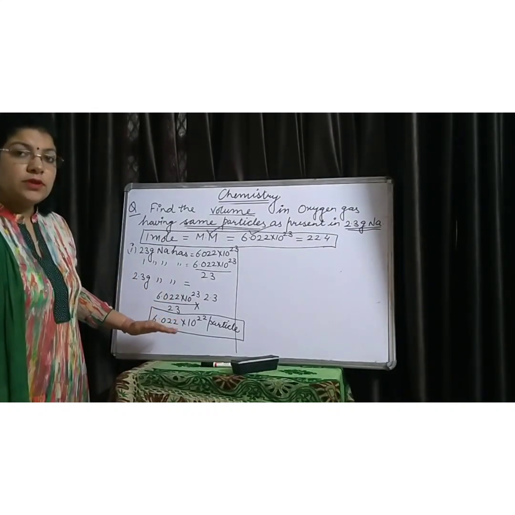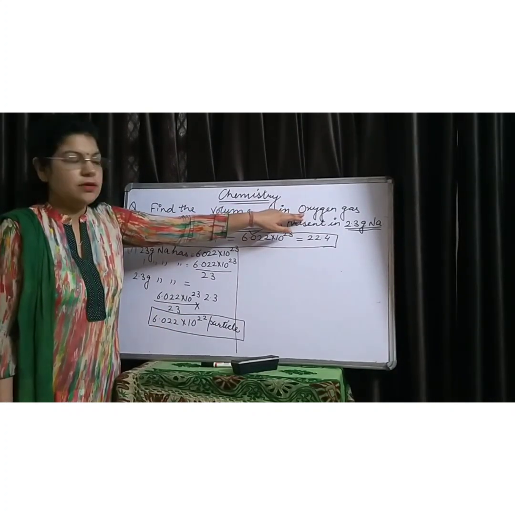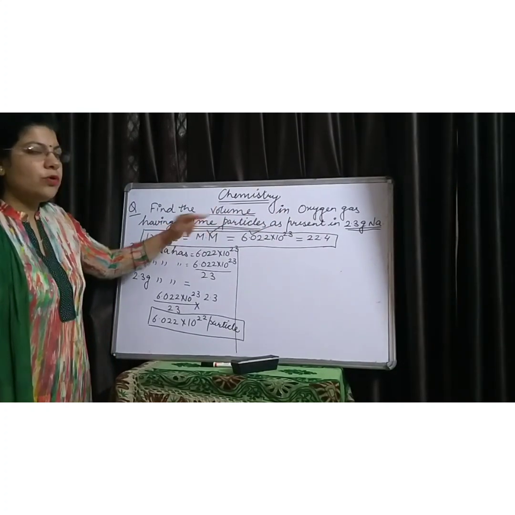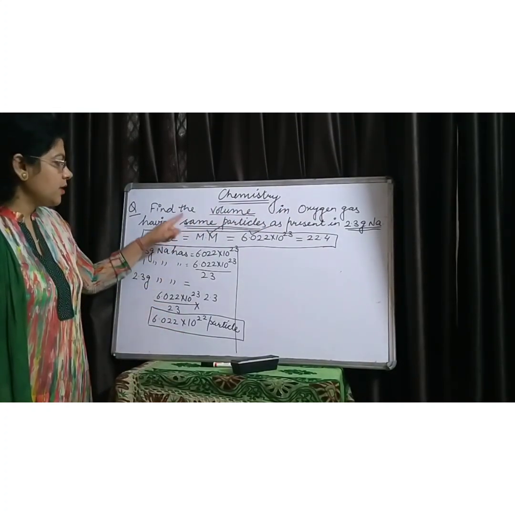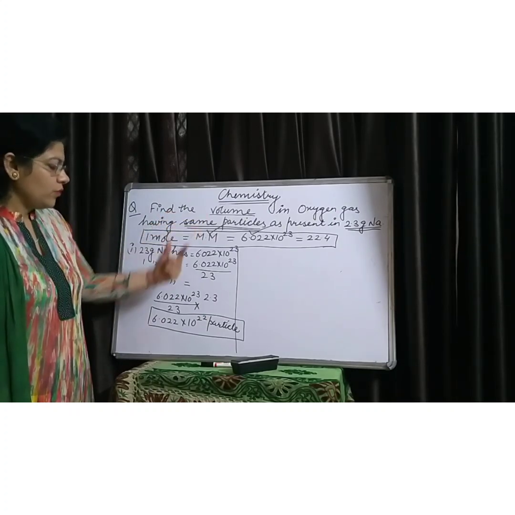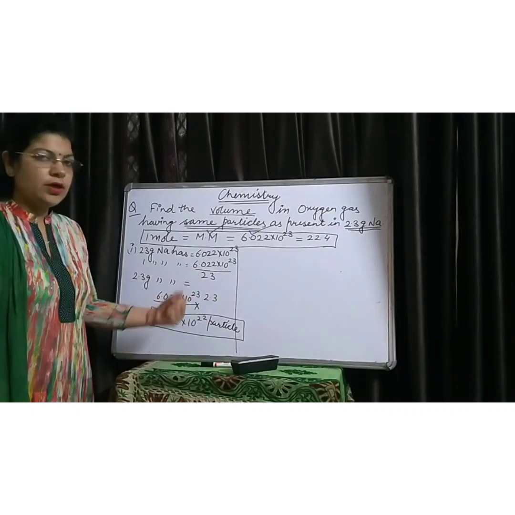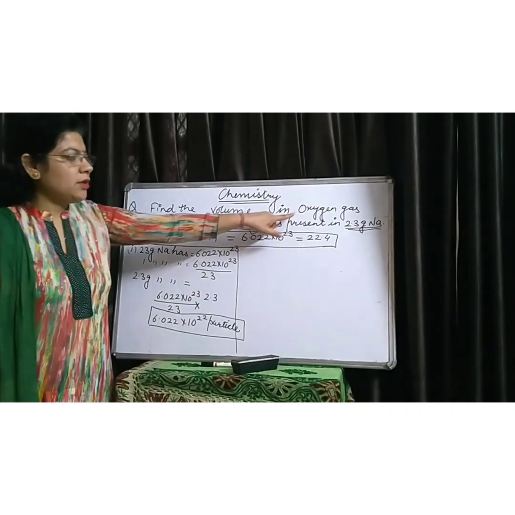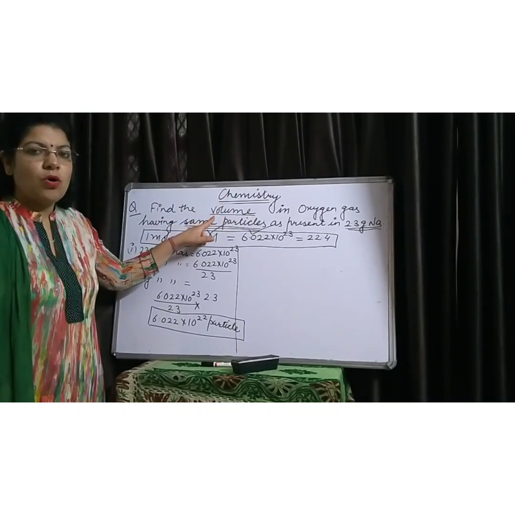If these particles are present in oxygen gas, then what is the volume of oxygen? In the second part, it is given that if the same number of particles of sodium are present in oxygen, then what is the volume of the oxygen?